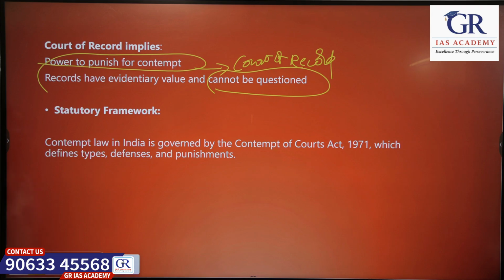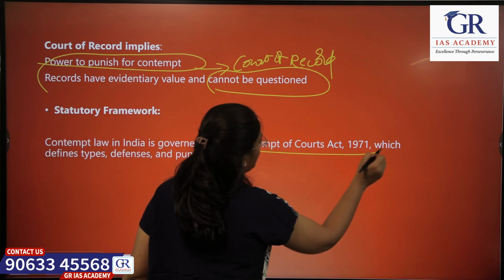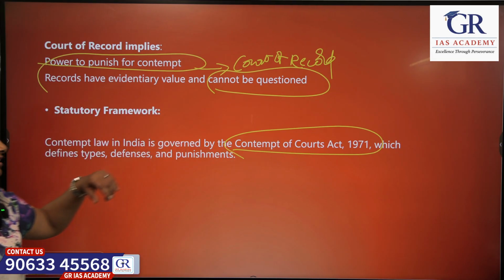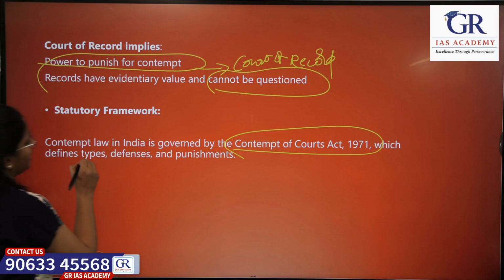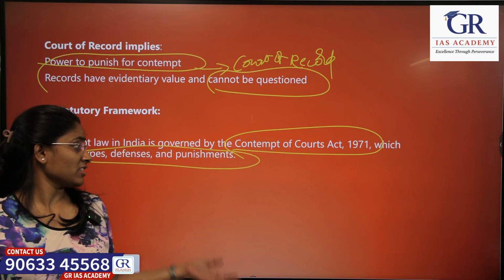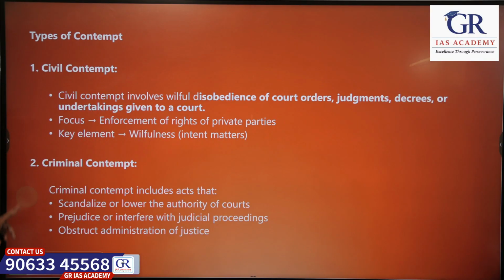What is the framework for contempt? It is under the Contempt of Courts Act 1971, which tells how many types there are, what the defense mechanism is, and the punishments for contempt of court.